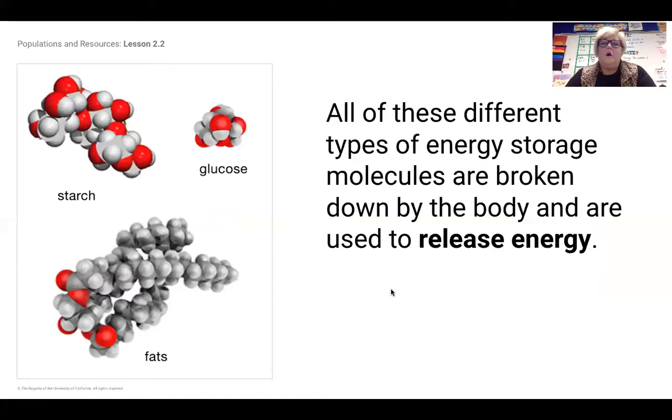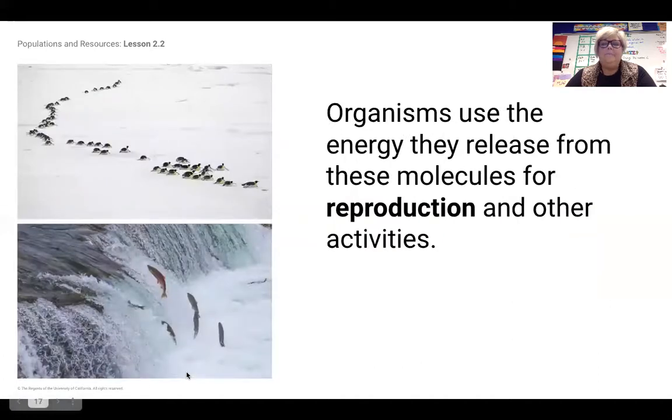Okay, so all of these types of energy storage molecules are broken down by the body and they are used to release energy. Remember, starch, glucose, and fats. Remember from our articles that organisms use the energy they release from these molecules for reproduction and other activities. Remember, reproduction for the penguins involves a lot of travel, 50 miles one way.